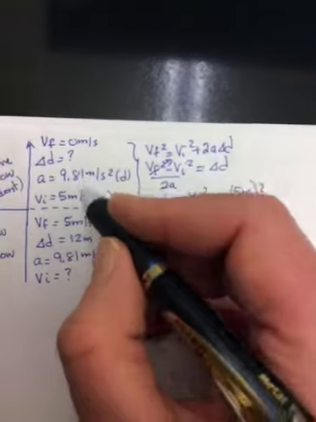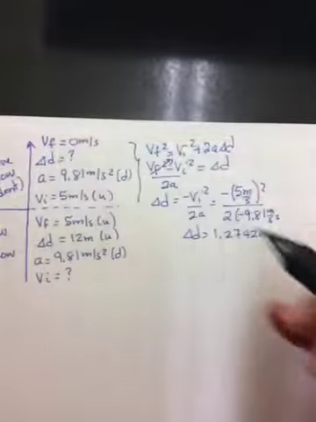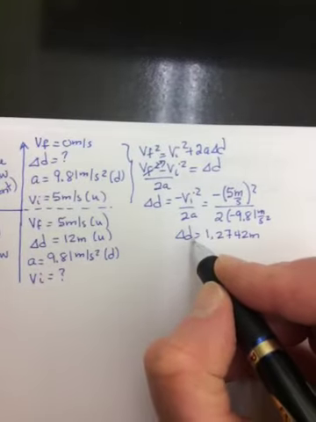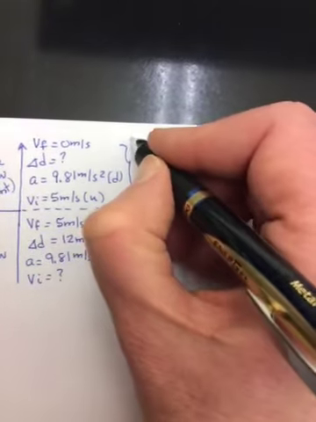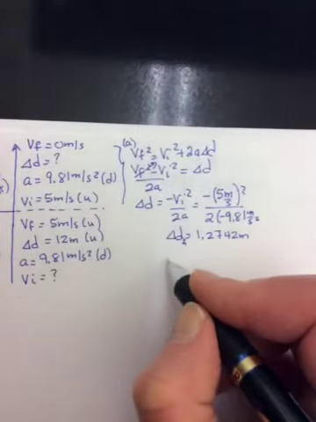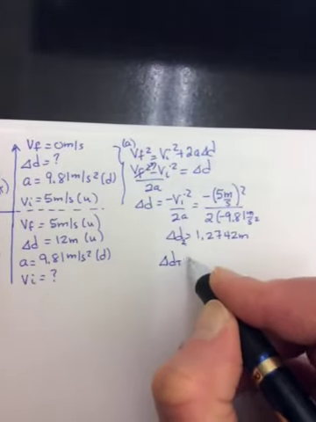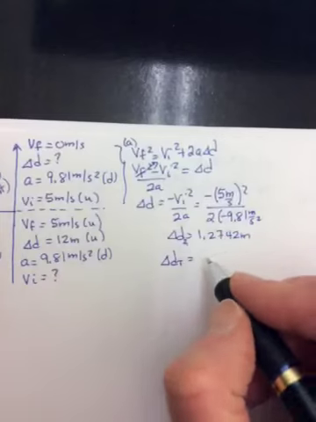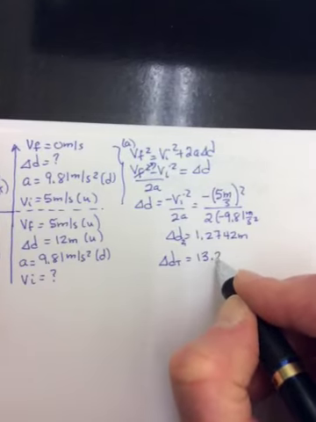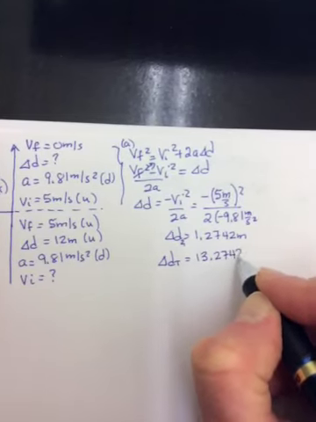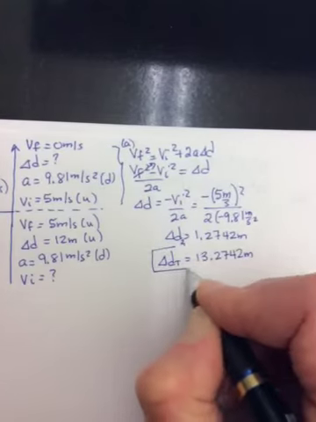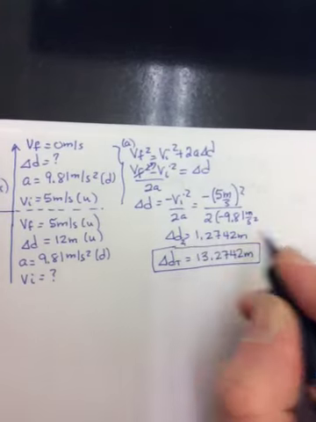Okay, that's the height of the second part. So this is D2. A says, how far did it go above the ground? You would then need to add that to your 12 meters to get 13.2742 meters as your final answer in A.